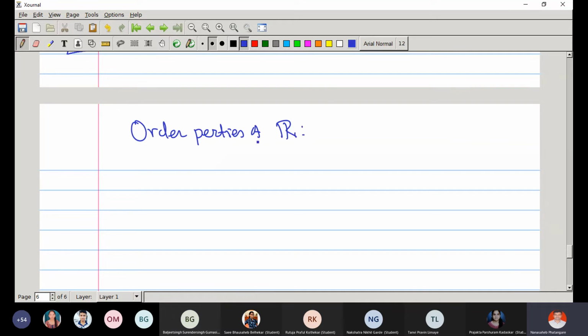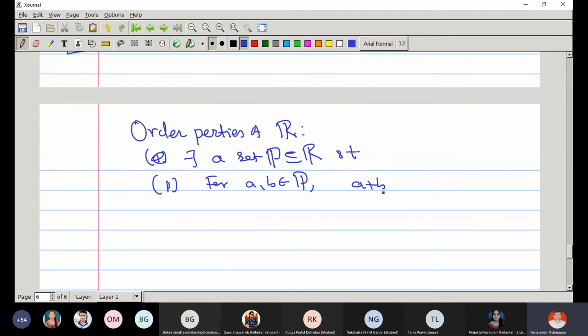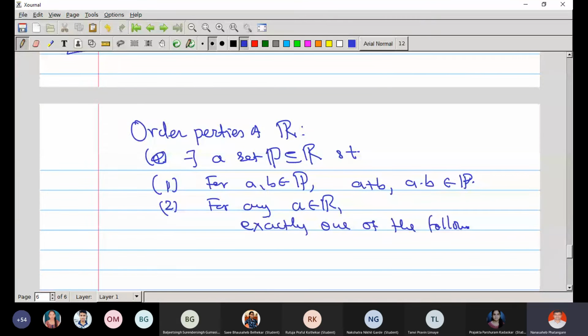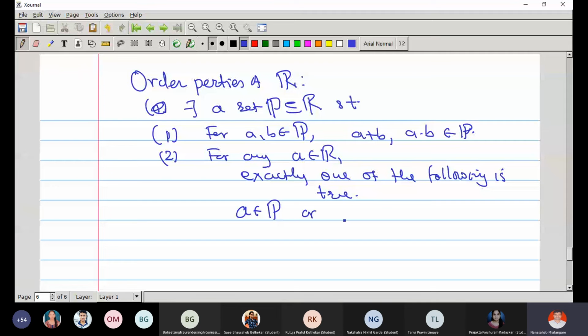Of real numbers, there exists a subset P of real numbers such that for a, b belonging to P, a plus b and a times b belong to P. Second, for any a belonging to R, exactly one of the following is true: a belongs to P, or a is not in P, or a is equal to 0.